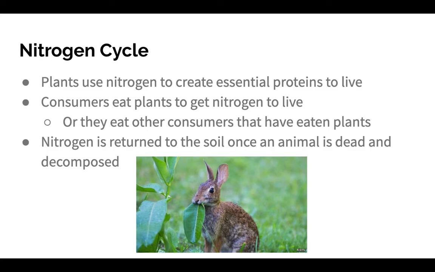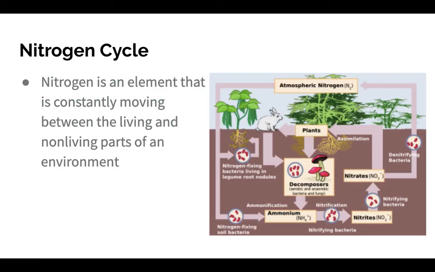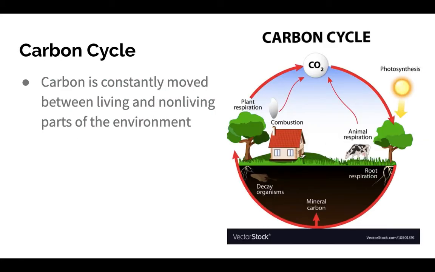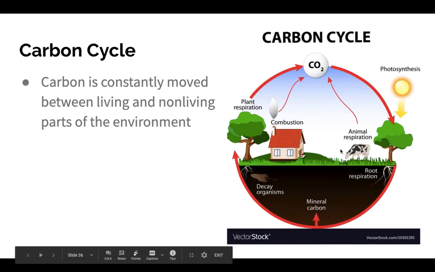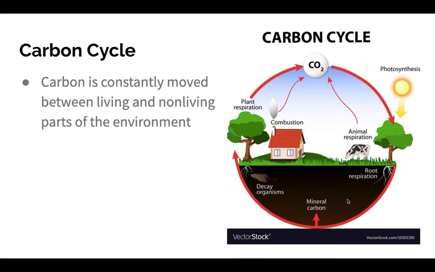A fun fact I forgot to mention, we'll go back to the carbon cycle. I mentioned that animals and plants that have once lived, when they die, they get further down into the layers of the rock and the soil, and eventually can possibly turn into fossil fuels like coal and oil.